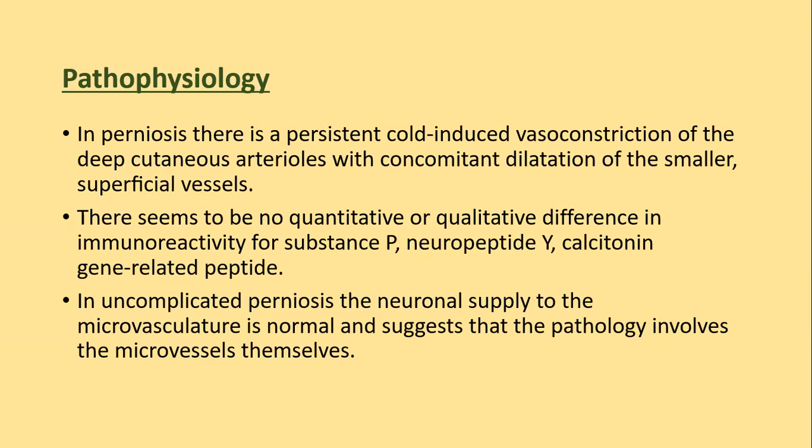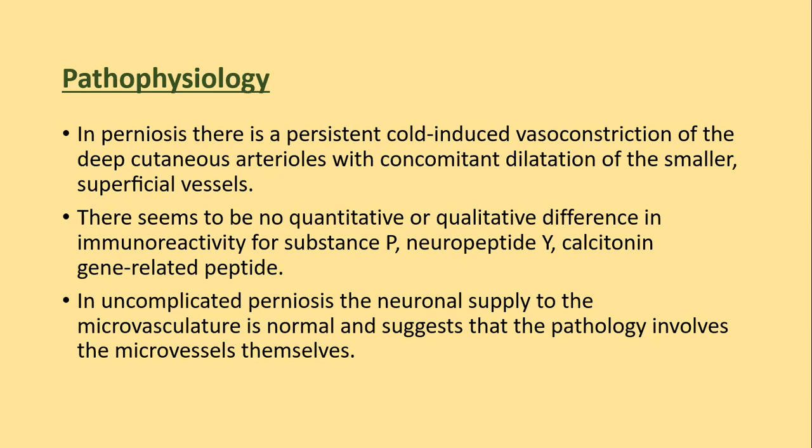Pathophysiology. In perniosis, there is a persistent cold-induced vasoconstriction of deep cutaneous arterioles with concomitant dilatation of small superficial vessels. There seems to be no quantitative or qualitative difference in immunoreactivity for substance P, neuropeptide Y, and calcitonin gene-related peptide.